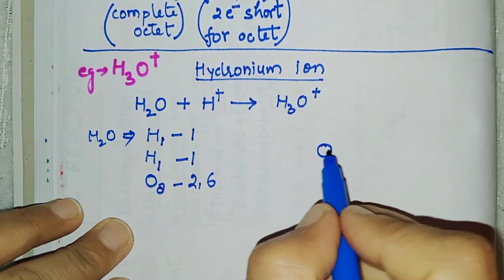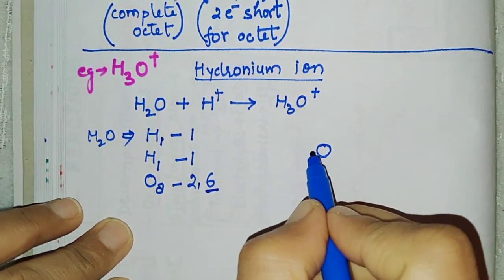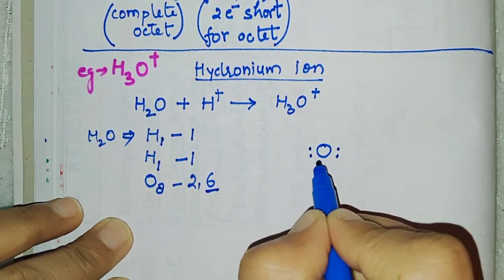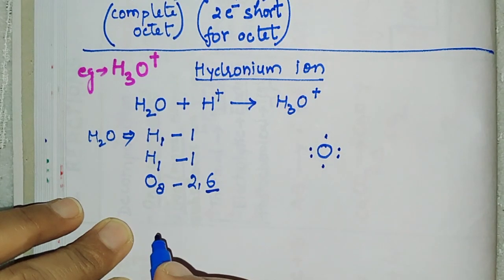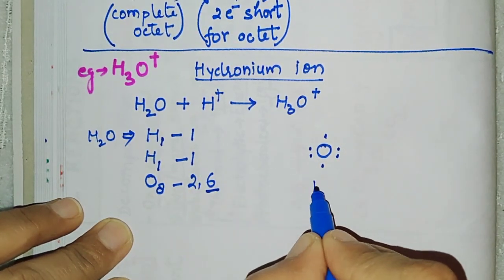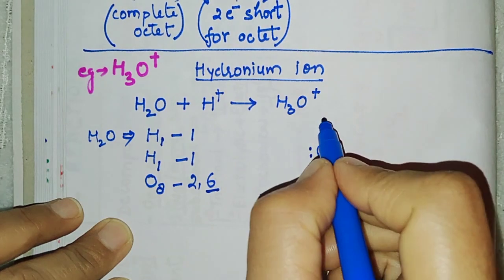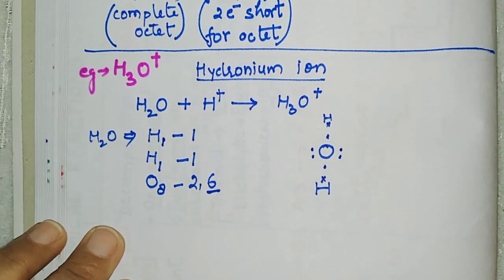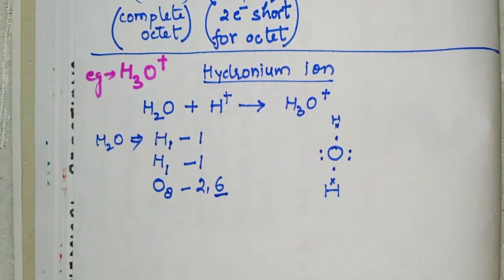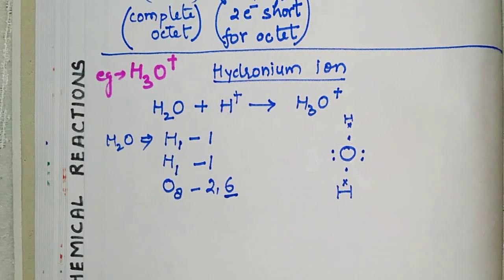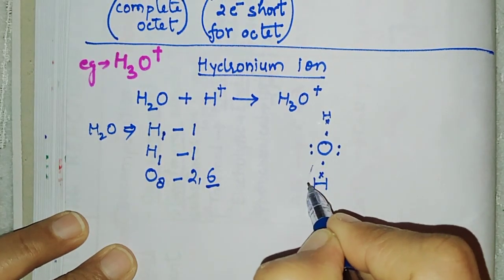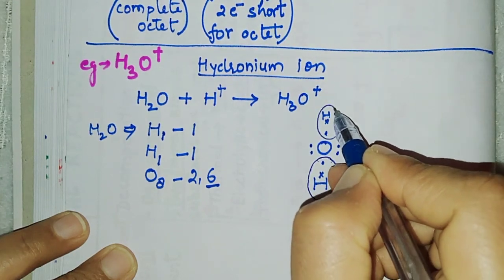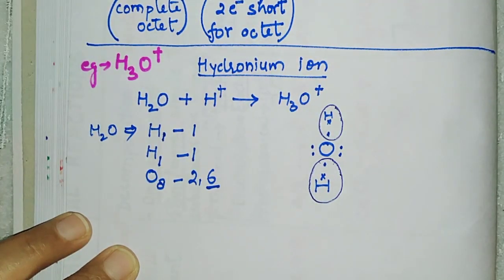Oxygen is the central atom, 6 is its valence electrons, 2, 3, 4, 5 and 6. So this one and this another one. So there is one bond.